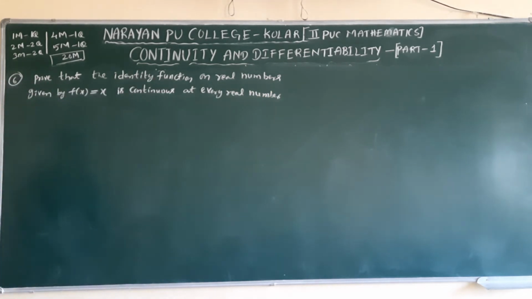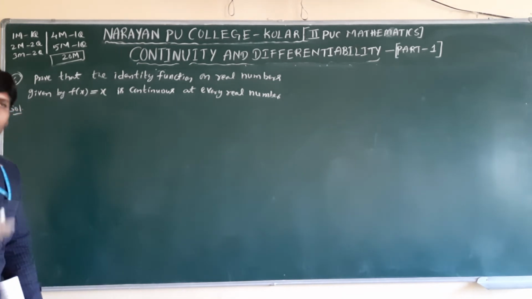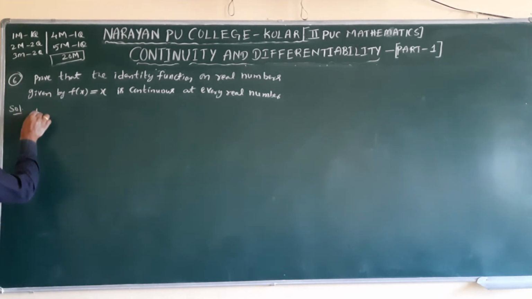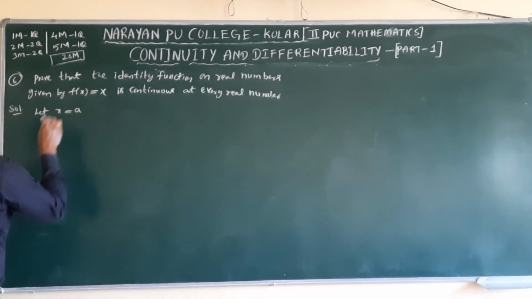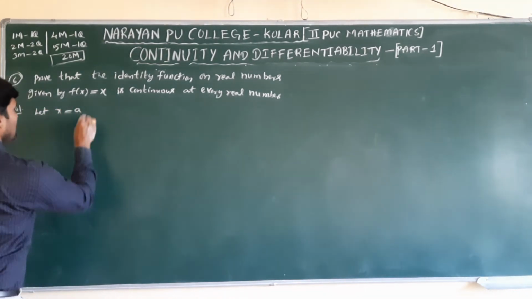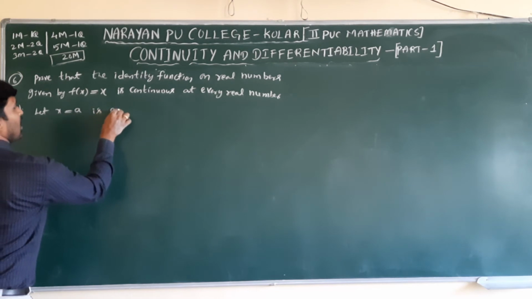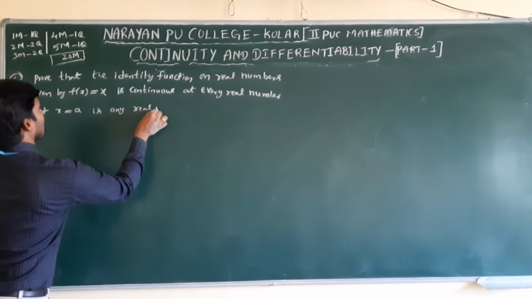Here also we need to consider one x value, that x is any real number. Set of real numbers, we can say that. Let x is equal to a or c, symbols no problem, is any real number.